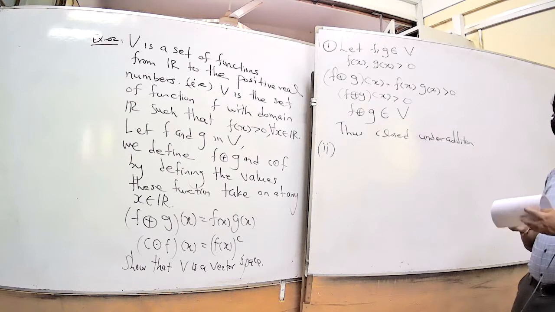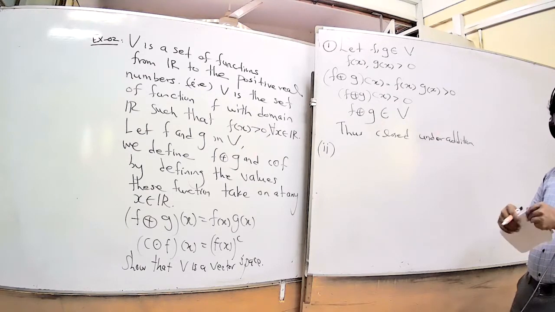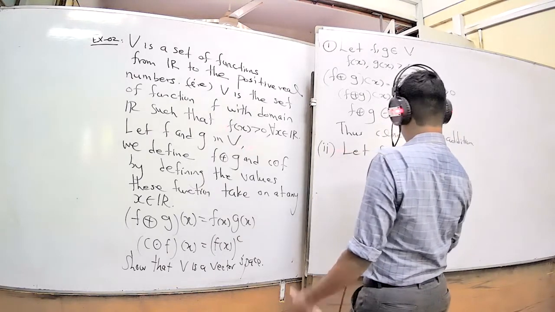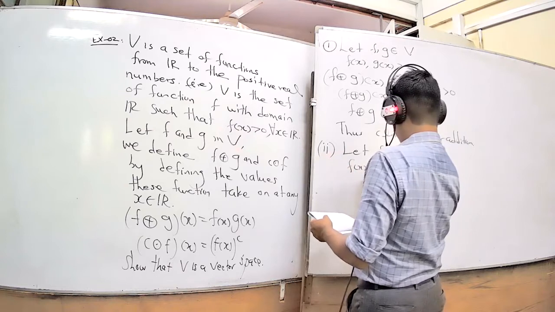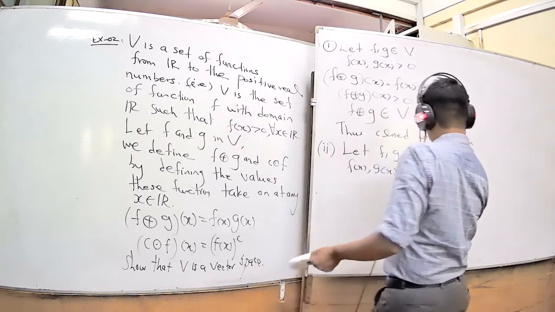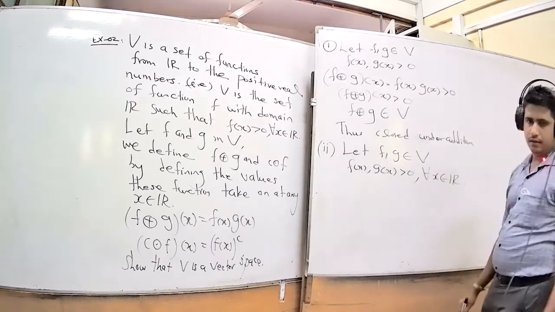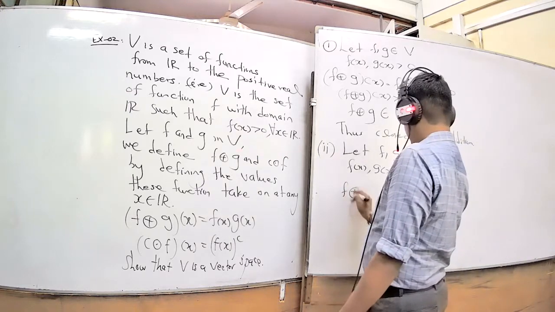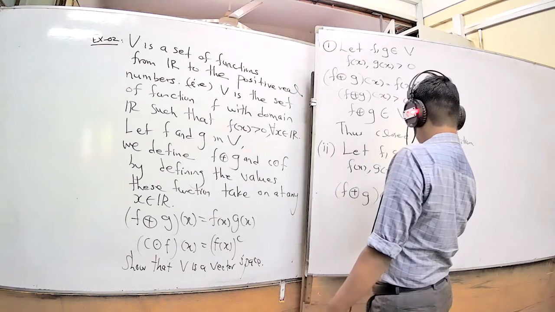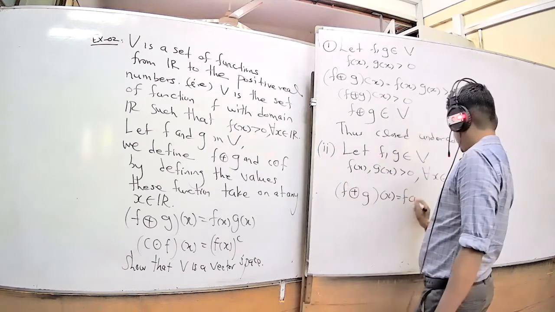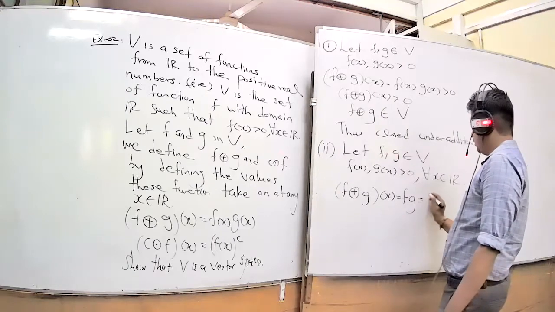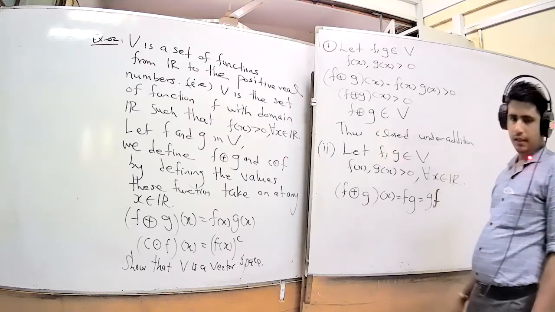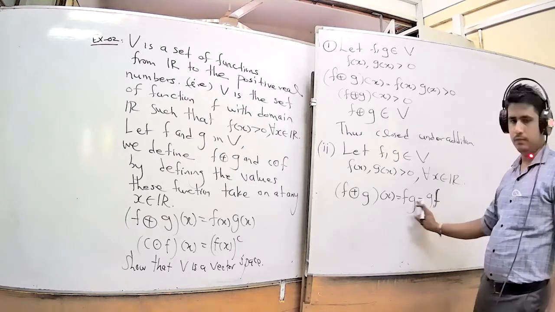Next one is commutative. Let f, g in V, then f of x and g of x both are positive for all x belonging to real numbers. So its addition, we will write this one as f g. Here is important. In general, it's not true.